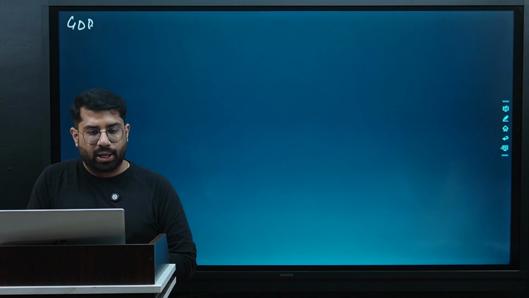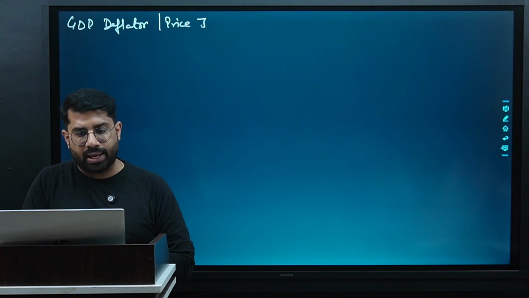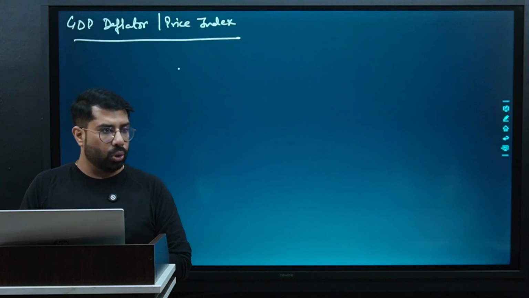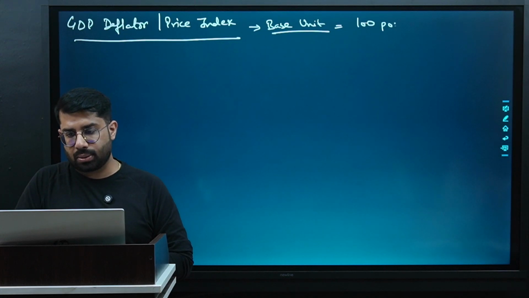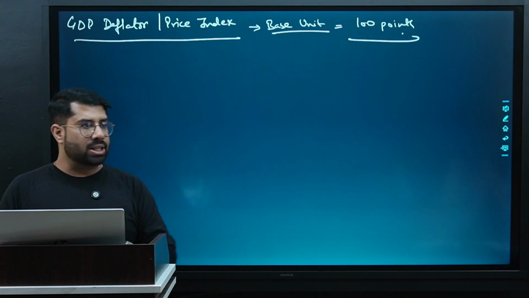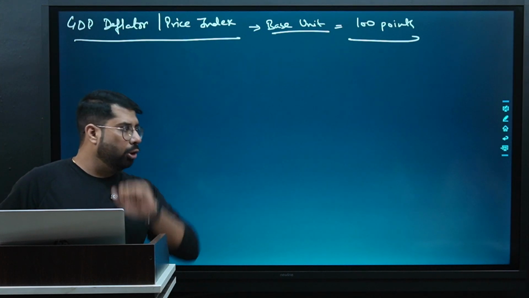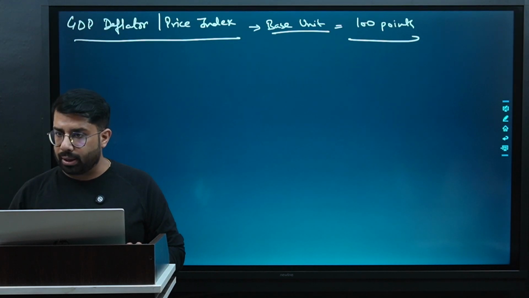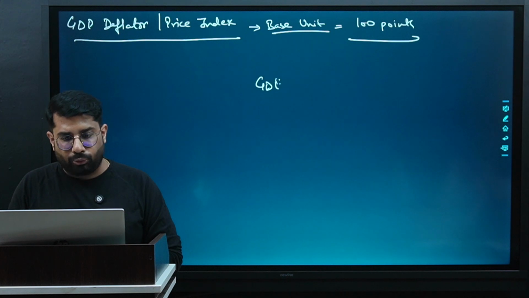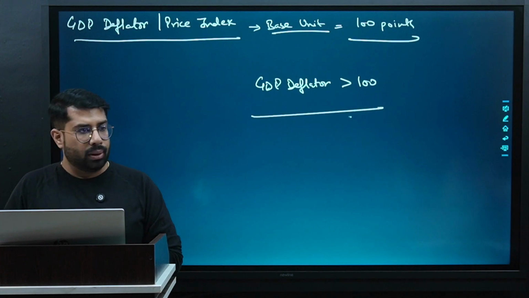But a GDP deflator is also known as price index. Okay, price index's base unit is 100 points. It means after calculating nominal GDP and real GDP, when you will get the value of GDP deflator, if the value of GDP deflator is more than 100, it means what?